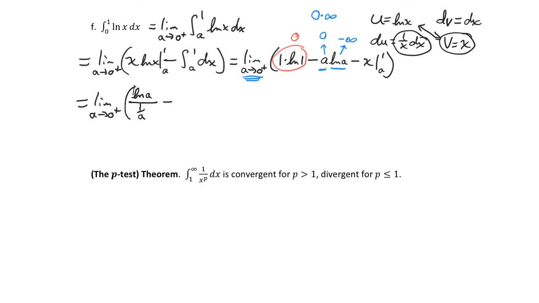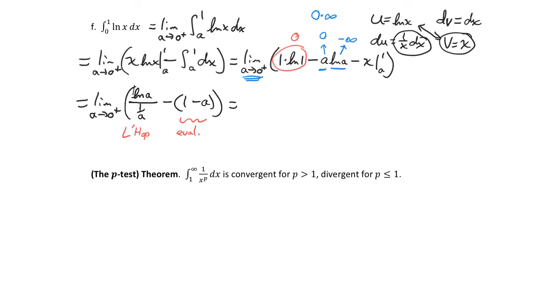And then here we'll evaluate the x at both 1 and a. Okay, so I'm going to annotate here what I'm doing. For the first one, I'm using L'Hopital's rule. We'll use that in a moment. And here, I'm just going to evaluate the limit.